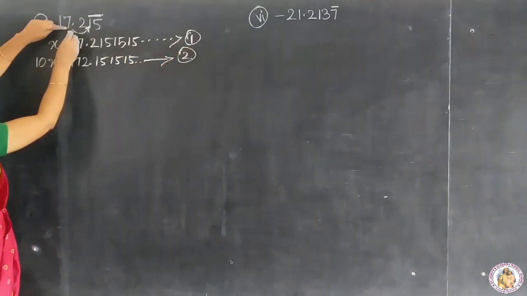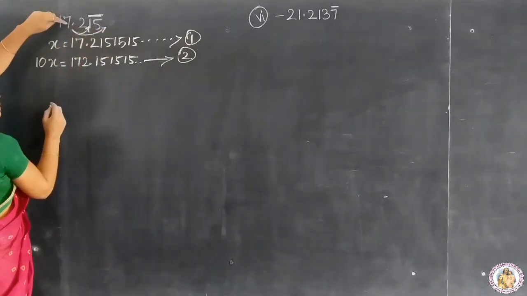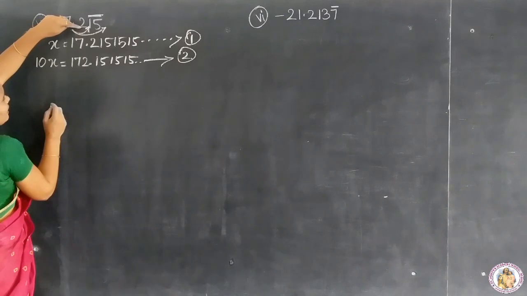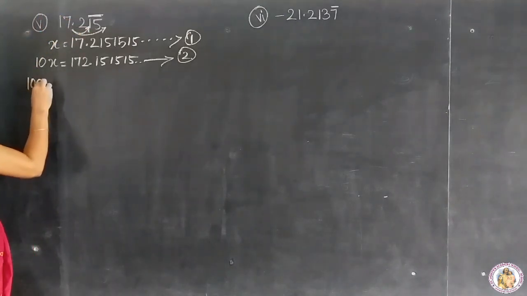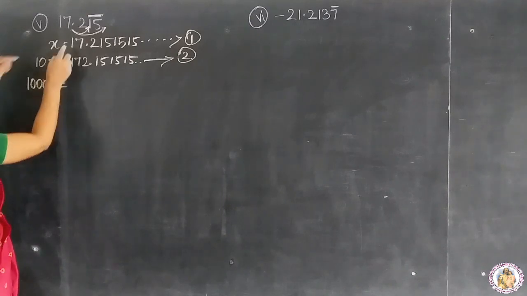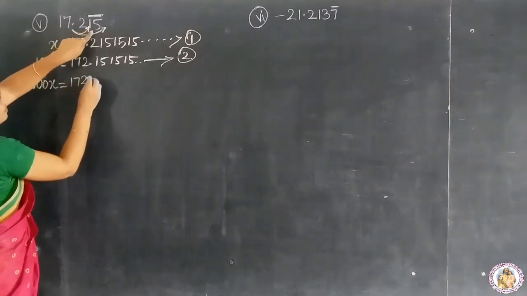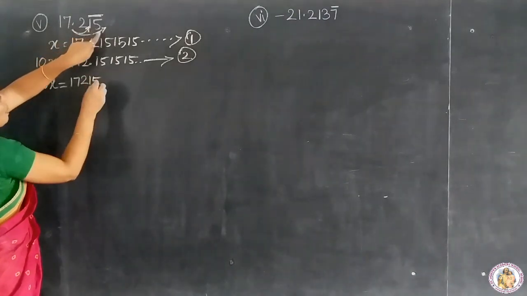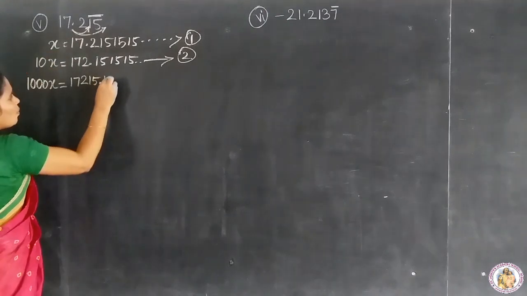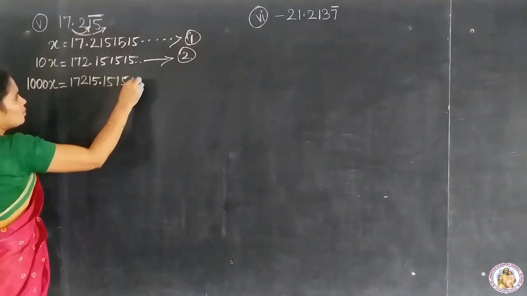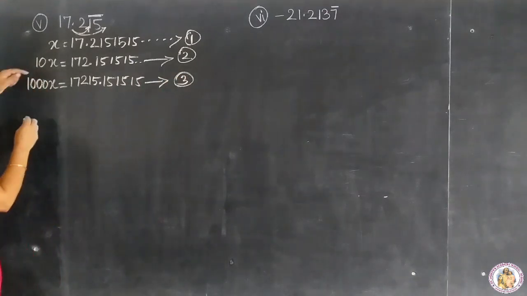Okay, and then here after the whole thing, after decimal: tens, 100 and 1000. So 1000 into x is equal to 17215.1515, taking this as the third equation.